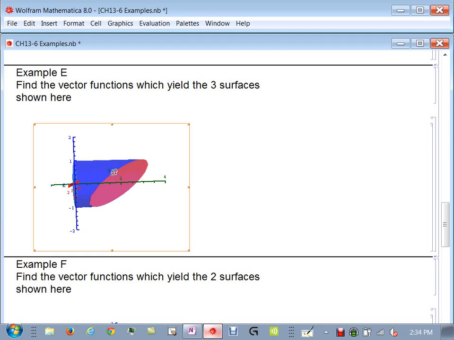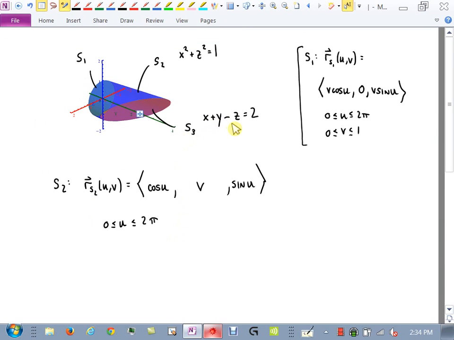Until it hits that edge, or down here it hits that edge, or on the back side, it hits up here at this edge. What is that edge controlled by? It's controlled by that plane, x plus y minus z equals 2. Was that the right equation? Yeah. What if I take that equation up here and solve it for z?